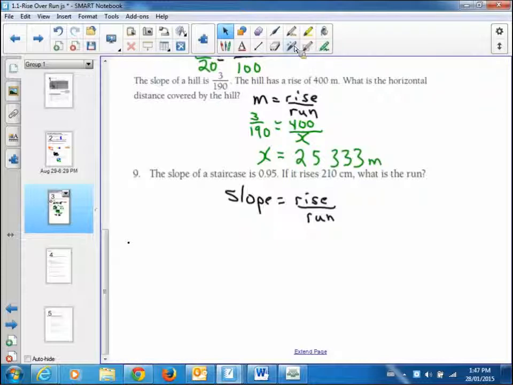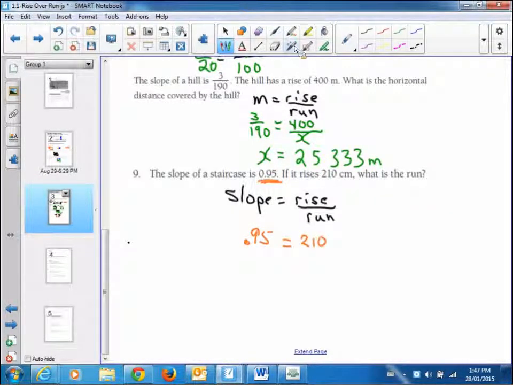So once again, slope, rise, over run. The slope this time is given as a decimal, 0.95. The rise, it rises 210 centimeters. What's the run? So what's the x? Now, do you know how to solve this one? It's not quite the same. If you don't know how to solve this right out the bat, what's the one number you can divide anything by and it doesn't make a difference? Divide by 1.